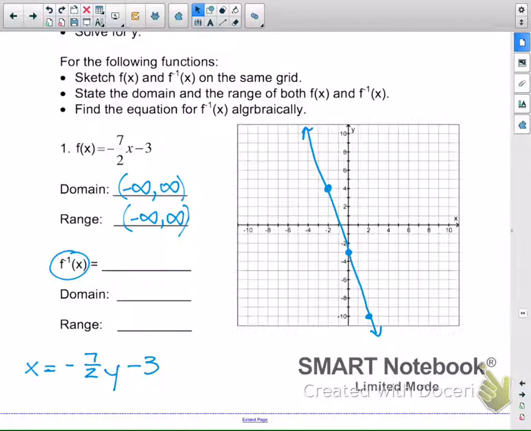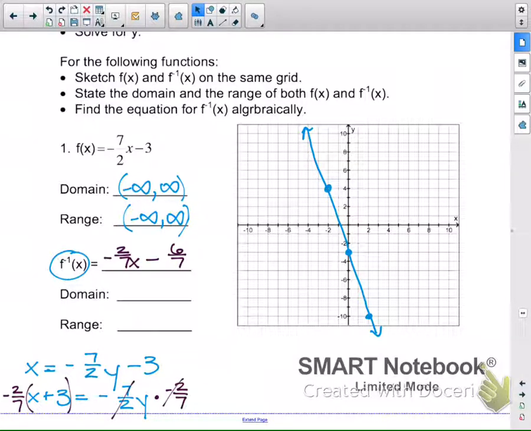Now, how do I get y by itself? I add 3 to the other side first. Now, how do I get rid of the negative 7 over 2 in front of the y? Multiply both sides by negative 2 over 7, and I'm going to distribute it to this. So, distributing my negative 2 over 7 gives me negative 2 over 7x minus what? 6 over 7.